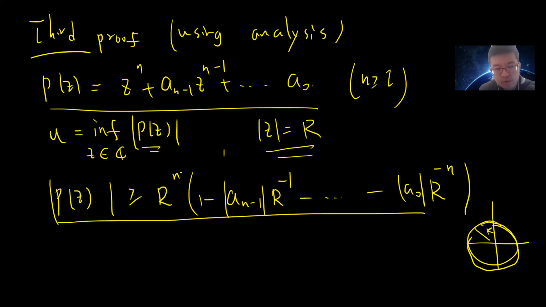So if you choose r large enough, |P(z)| goes to infinity as r goes to infinity.